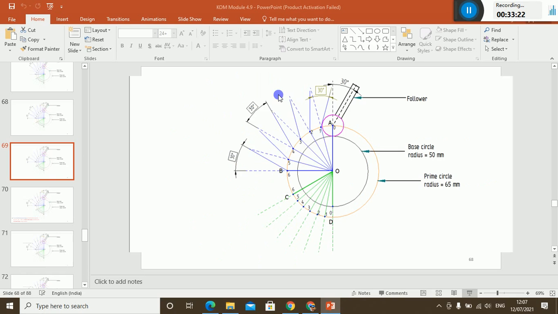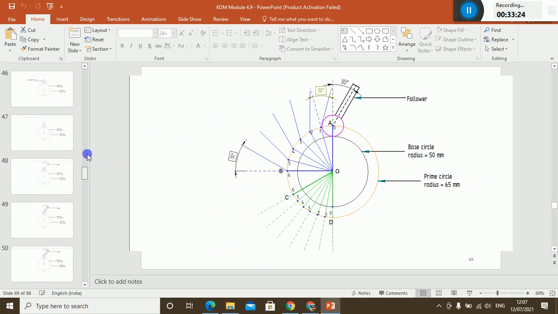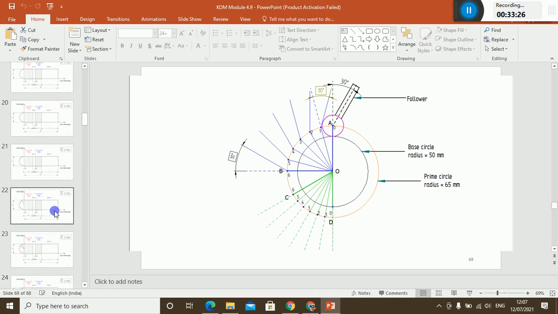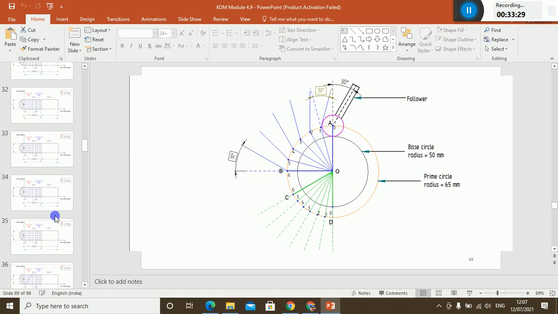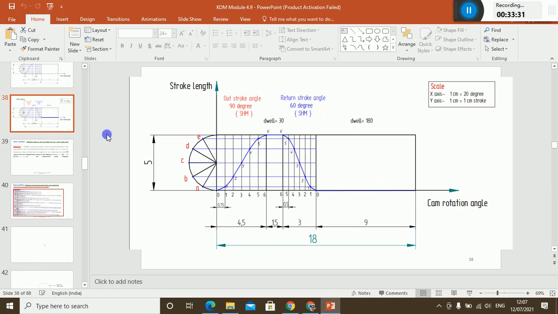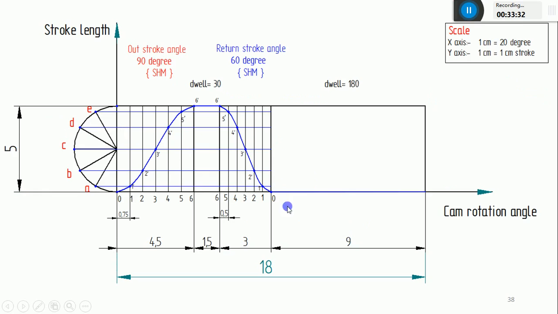I'll go to the displacement diagram. I'll copy these distances, that is with respect to the outstroke, 1 1 dash, 2 2 dash, up to 6 6 dash using a compass.